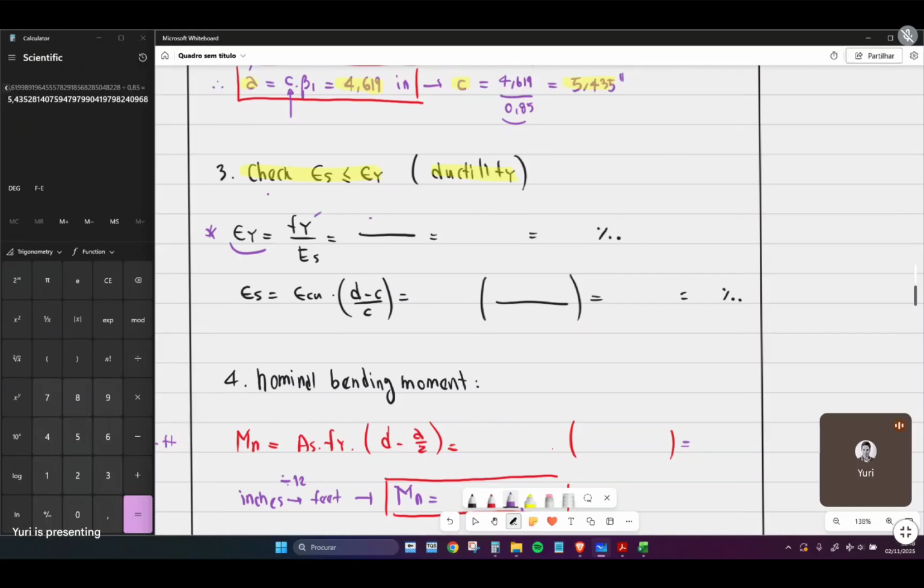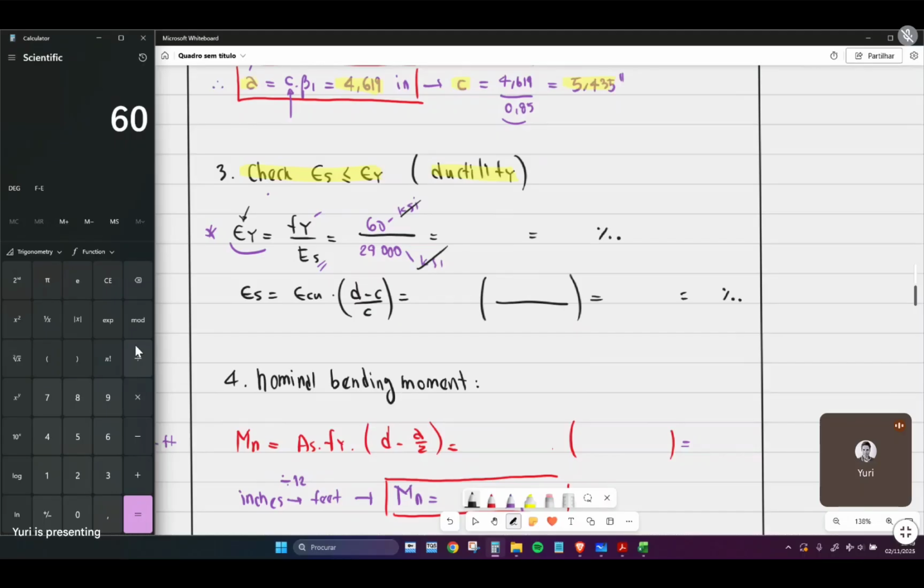So this is a 60 ksi steel, and the modulus of elasticity of regular reinforcements usually tends to be 29,000. It depends on the catalog of your supplier. Remembering this is in ksi, this is also in ksi, so it's going to cancel, and the strain is unitless, so there's no unit, just to remember.